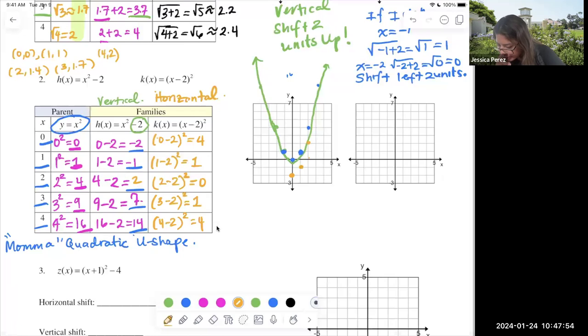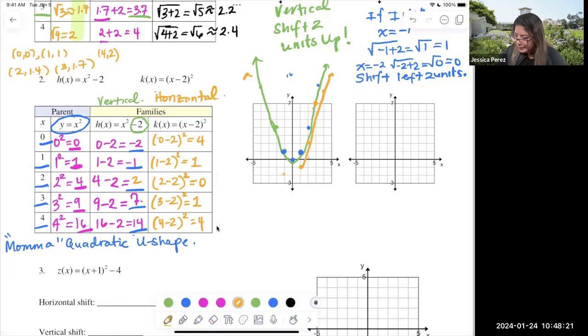And then I have 3, 7, and then 4 and 14. So then we know that this is going to go like so. Let me fix that.